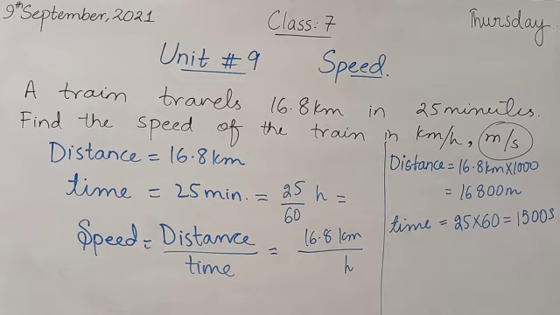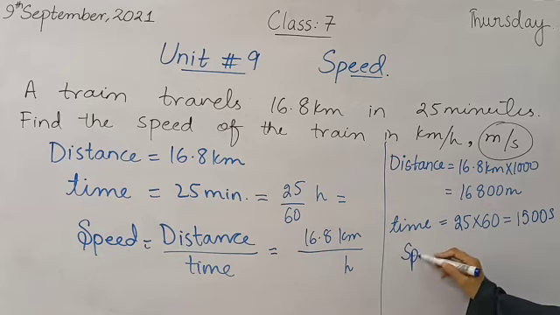Now in the next step, write the formula of speed, which is distance travelled over time taken, and then put the values of distance, which is 16,800 meter, and the time, which is 1500 seconds.